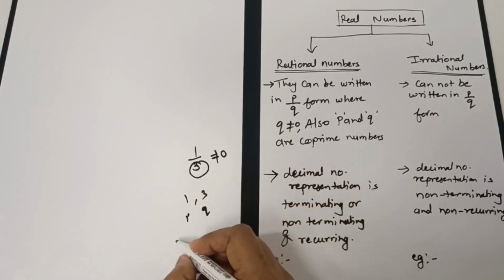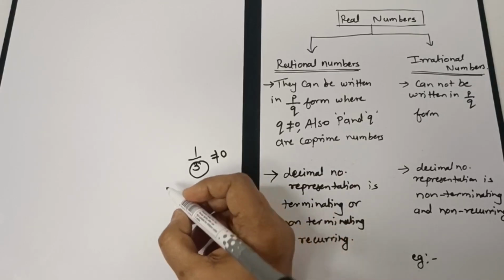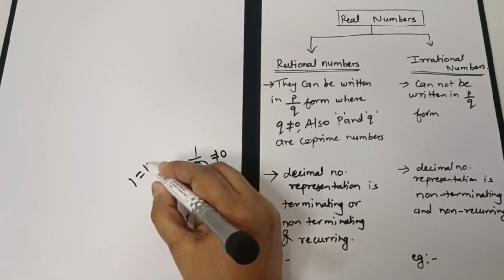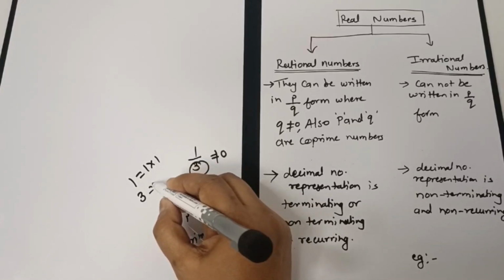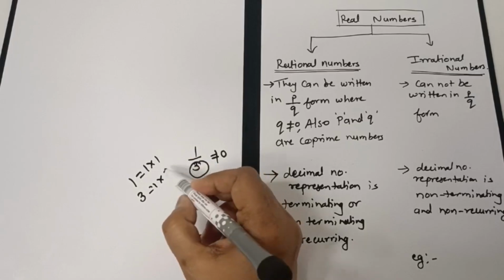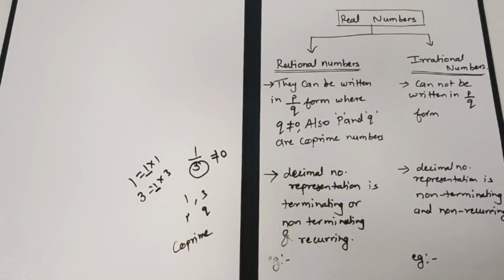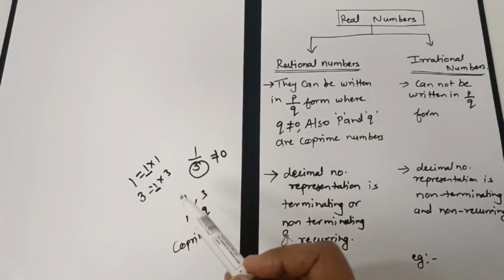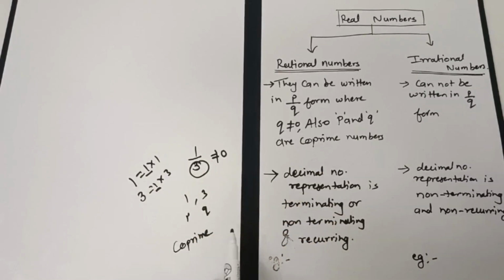co-prime. What does the word co-prime mean? Let us understand co-prime. If I take 1, 1 can be written as 1 into 1, and 3 can be written as 1 into 3. You can see here both the numbers have one common factor, that is 1. Such two numbers whose only common factor is 1 are called co-prime.